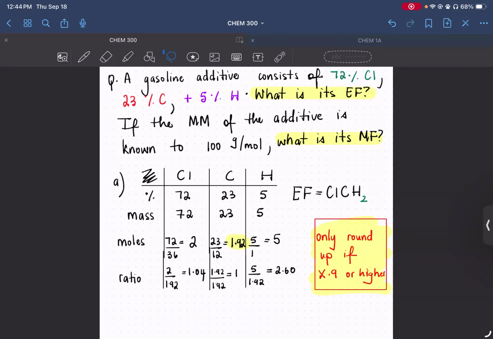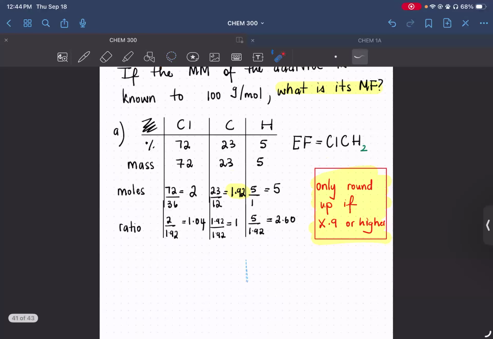Here's what that means for you as a student. It is on me as your instructor to make it absolutely clear in a question like this, will I round up or round down? Meaning, if you do your calculations and you get, I don't know, 1.87, do you round up or round down? Down.